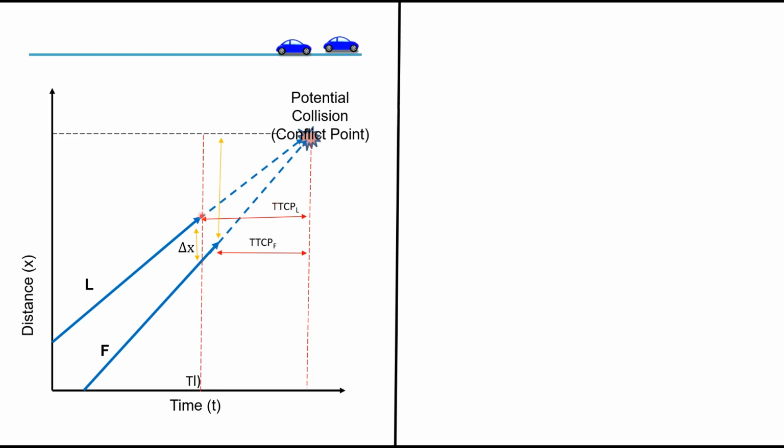So, this is the time to collision point of the leading vehicle, and this is the time to collision point of the following vehicle. So, in case of rear end conflict, time to collision will be delta x, that is the distance between two cars, upon their relative speed, delta v.